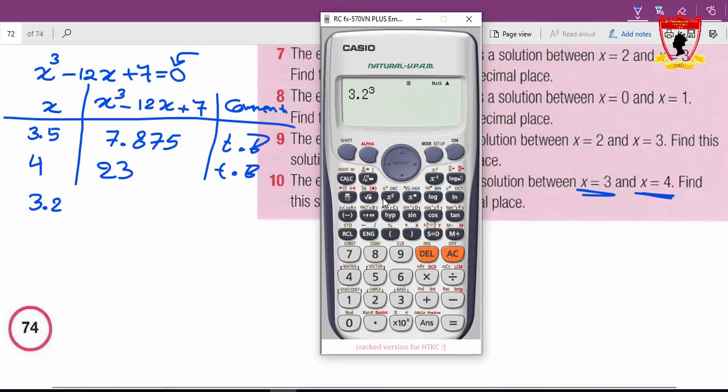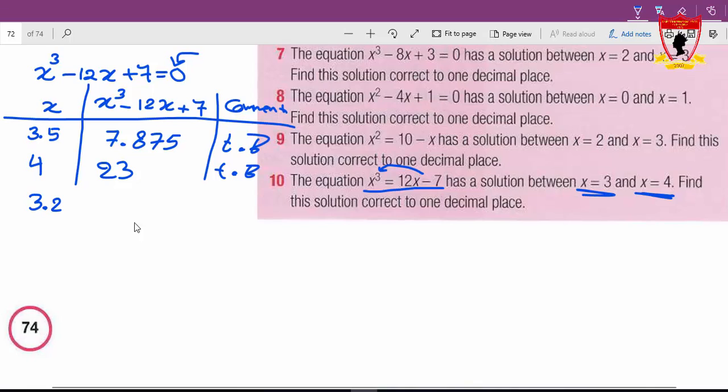3.2 power 3 minus 12 times 3.2, then plus 7. It is equal to 1.368. We got one step closer to 0, 1.36. Then it's still too big.